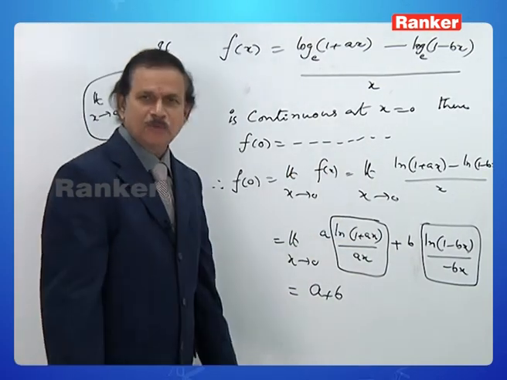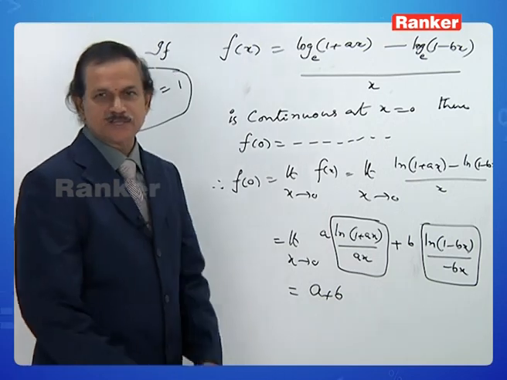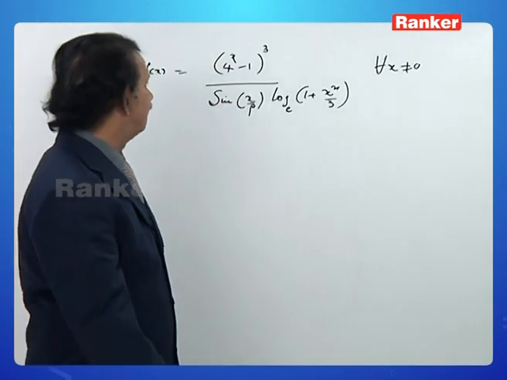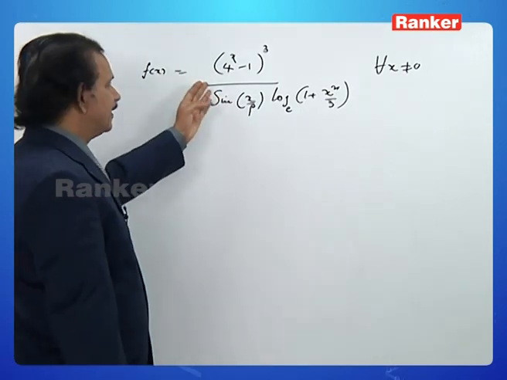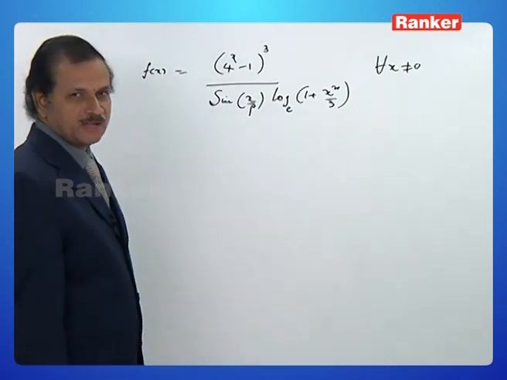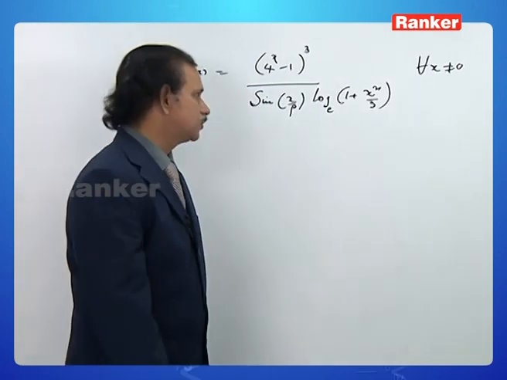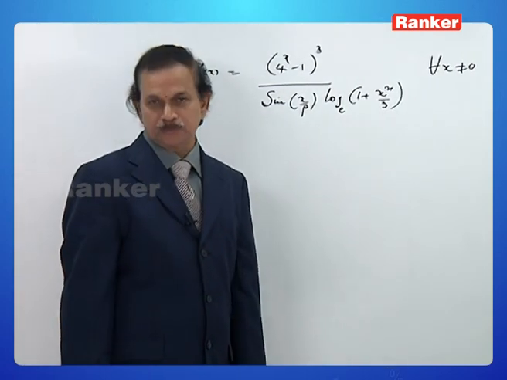Yes, there is one more such question. Let us see that. Now it is our turn to look towards the function f of x is equal to 4 power x minus 1 whole cube by sine of x by p into log of 1 plus x square by 3 to the base e for all x not equal to 0.